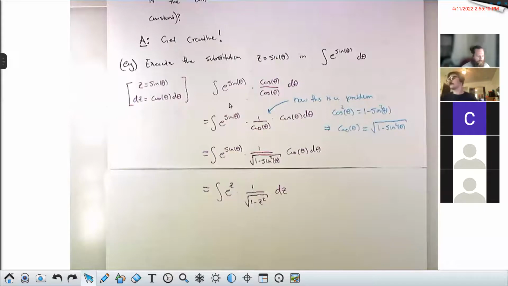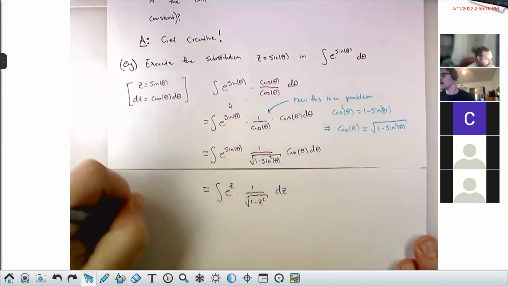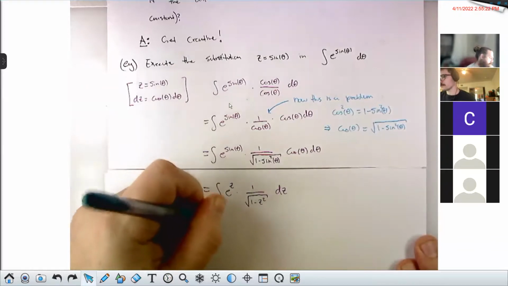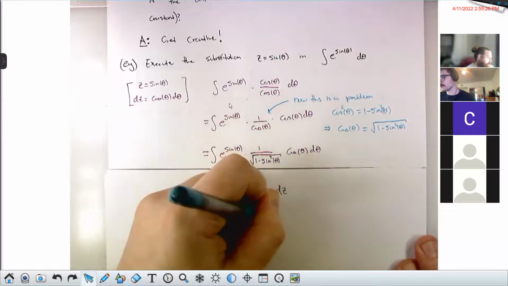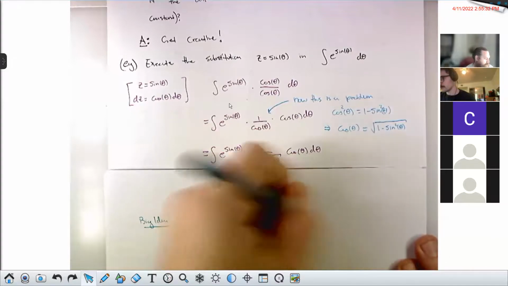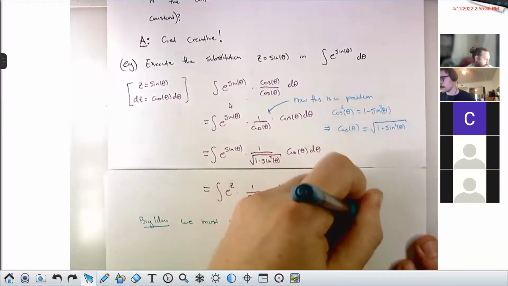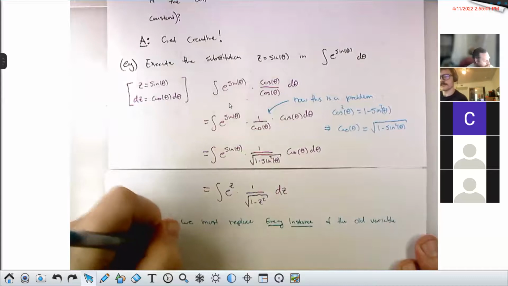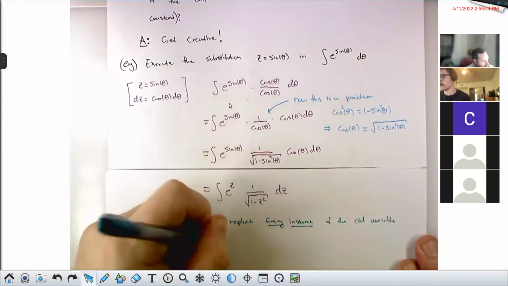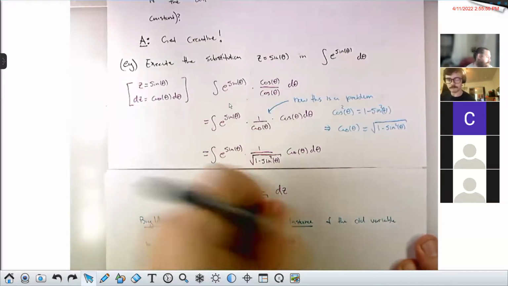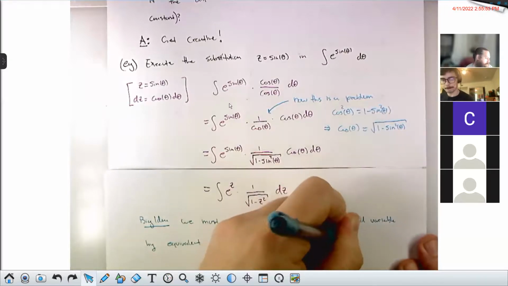But the big idea is that we must replace every instance of the old variable by equivalent expressions in terms of the new variable.